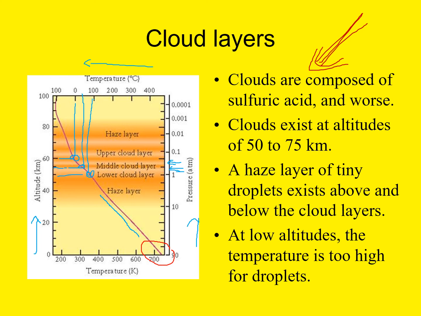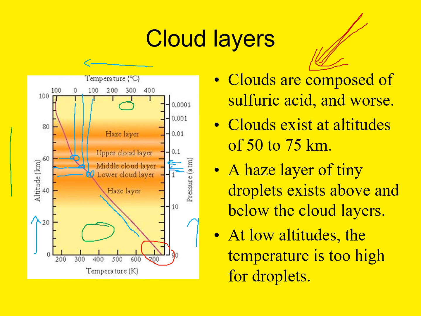The clouds are very high up. Now, the thing is that at lower levels in the atmosphere, it's too hot and too high pressure for those droplets to be stable. So they're not going to be stable at the lower elevations. And at too high altitudes, it's too cold and too thin of an atmosphere. And so the cloud layers are right there in the middle.